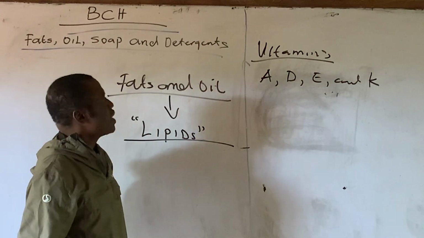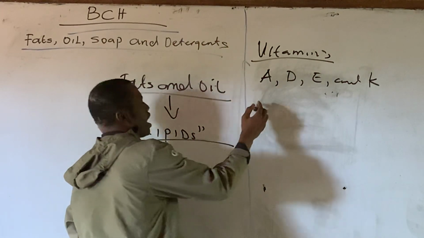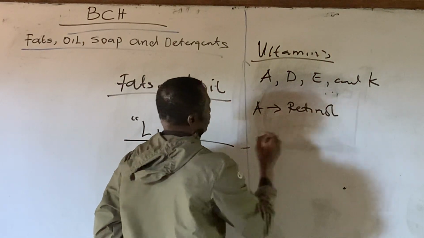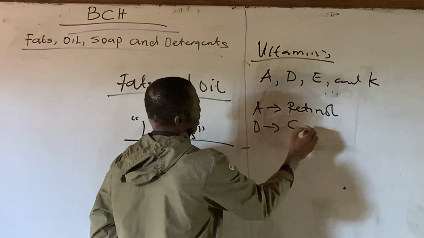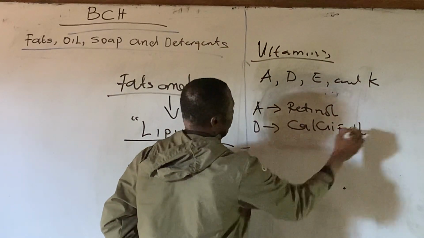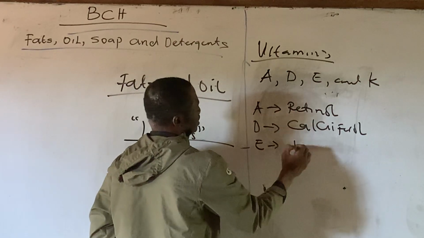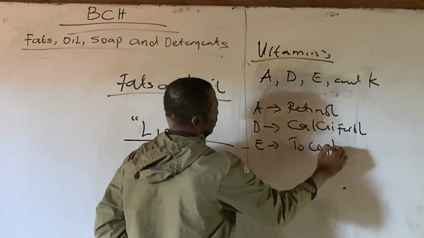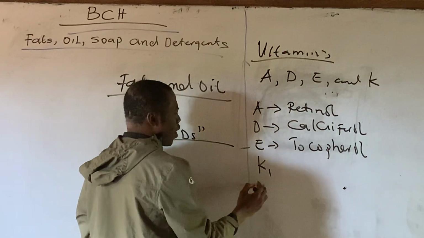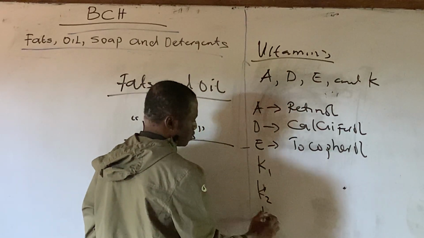Alright, if you're about that. Now, the A is the retinol. The D is the calciferol. The E is the tocopherol. Then the K we have the K1, the K2, the K3, and the K4.